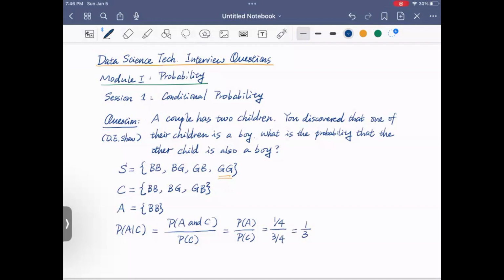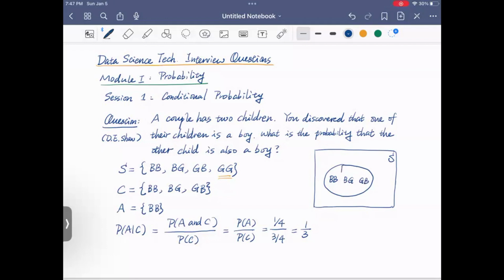Now let's use a Venn diagram to solve it directly, visually. Let's draw a Venn diagram. This is the sample space. Let's first draw C. C has three elements, BB, BG, and GB.